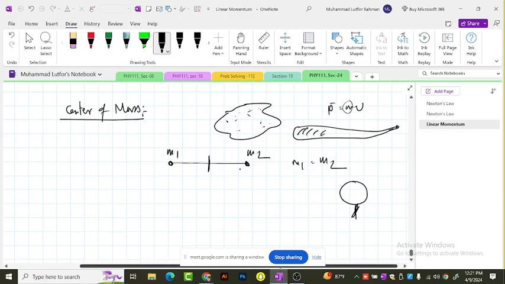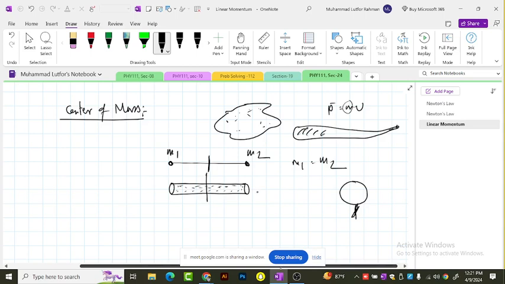So, if the mass is uniform, the center of mass of the system will be at the midpoint. Let's say you have a uniform distribution of the mass, this is the rod, which is uniform. Uniform means mass is equally distributed throughout the length of this rod. That's called uniform distribution or homogeneous distribution of the mass. Then the center of mass of this object will be at the midpoint.